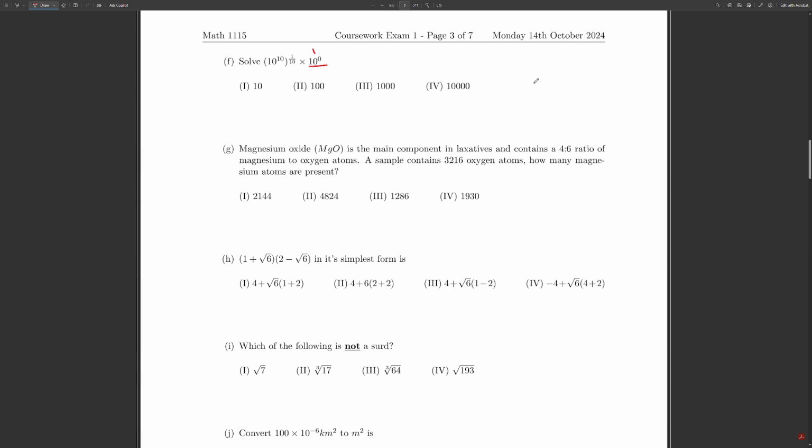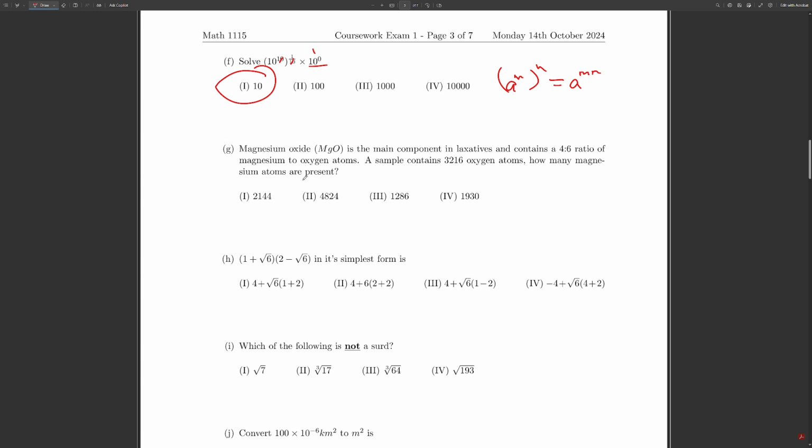So we're using the rule a to the power of m, all to the power of n, is equal to a to the power of m times n. So 1/10 multiplied by 10, this 10 is going to cancel with this 10 here. So it's just going to be 10 to the power of 1, and 10 to the power of 1 is 10. Multiplied by 1 is 10. So the option is the first one.